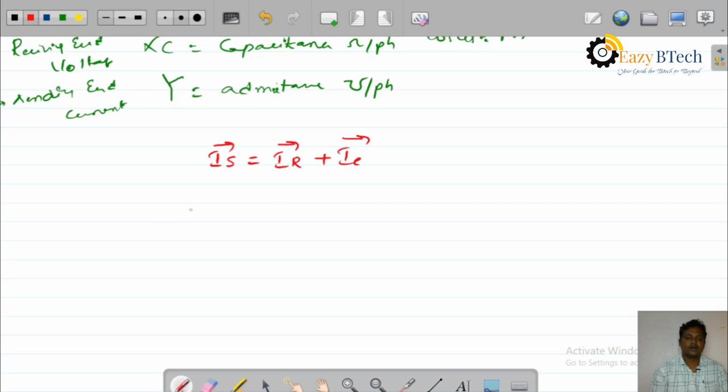Now here, the VR vector equals VR plus j0, because I am taking VR as the reference vector. The IR vector equals the magnitude of receiving end current into cos phi r minus j sin phi r for lagging power factor.